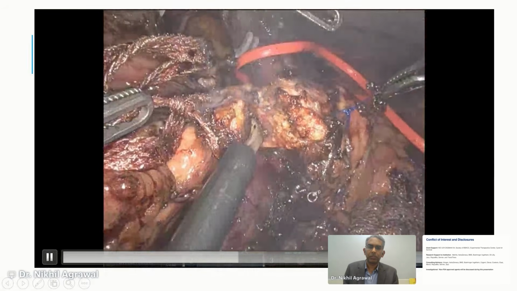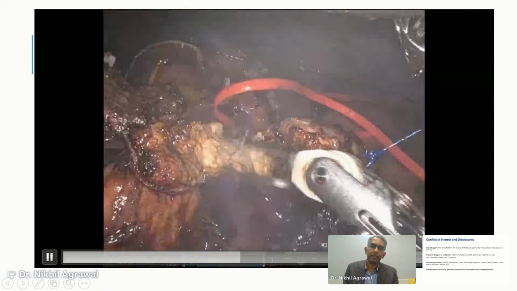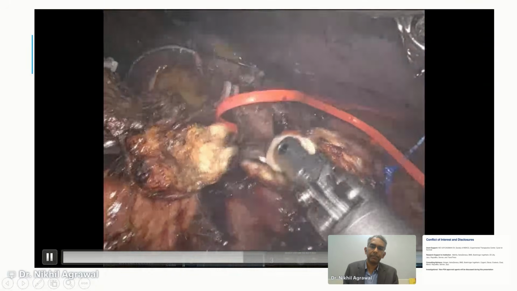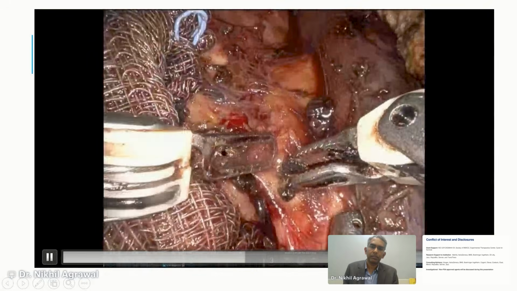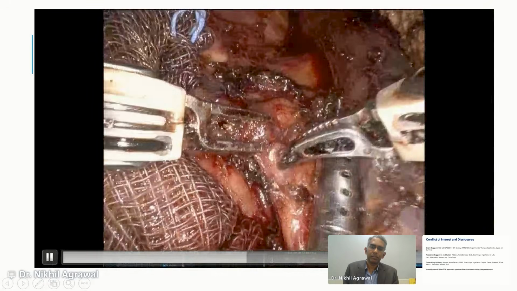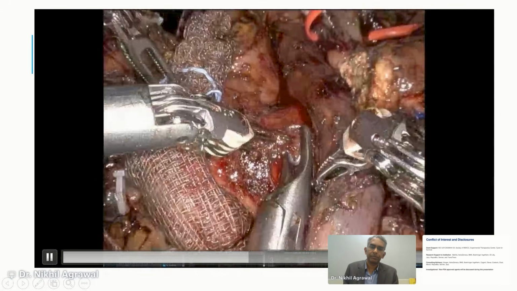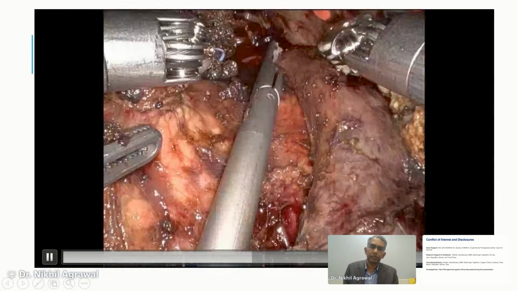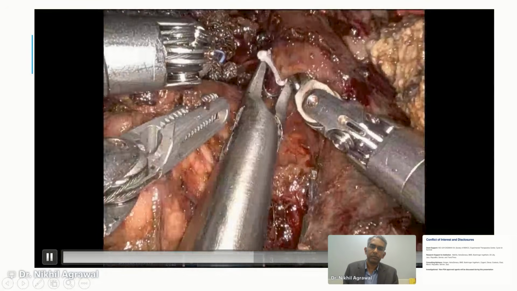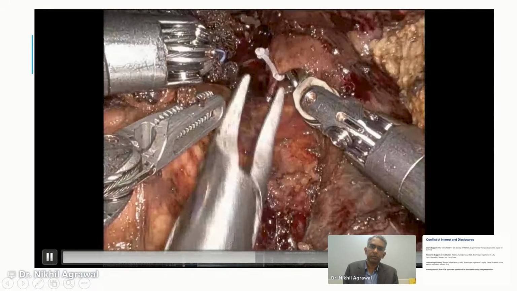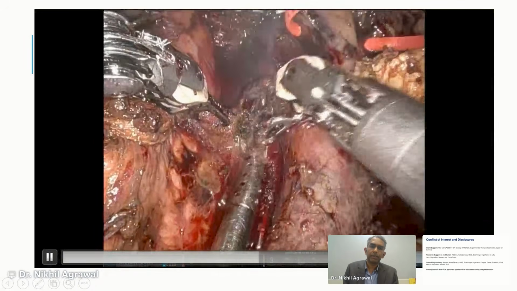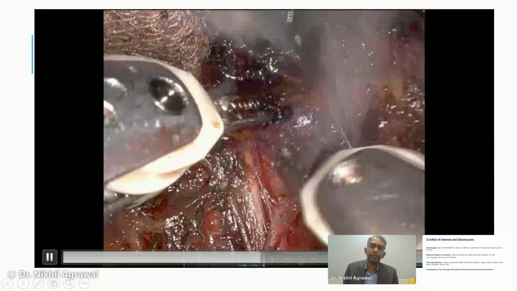Now the neck of the pancreas is being divided. We will encounter the pancreatic duct here. These are branches of the portal vein going into the pancreas, which are being divided.